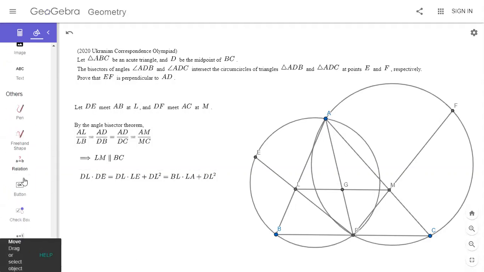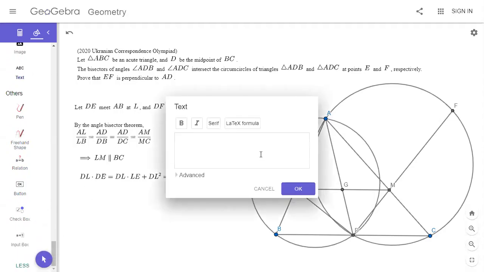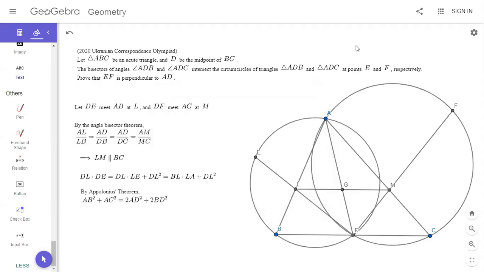Basically, I think this is like Apollonius's theorem: AB squared plus AC squared is equal to 2AD squared plus 2BD squared, I think. This is probably equivalent to what Hakan said.